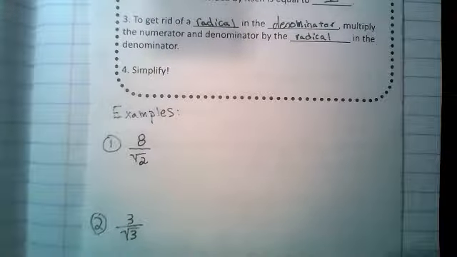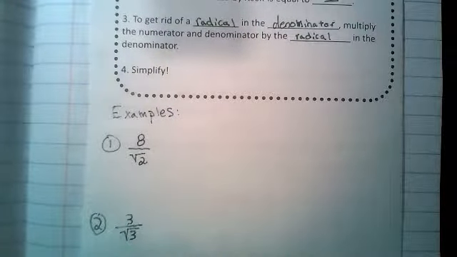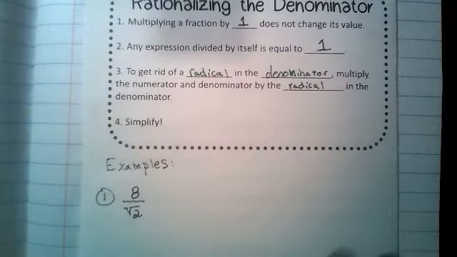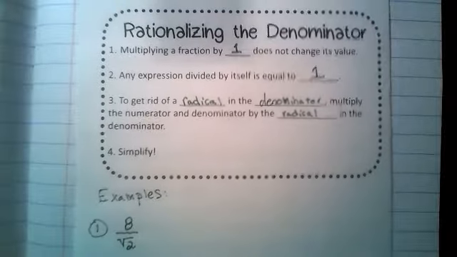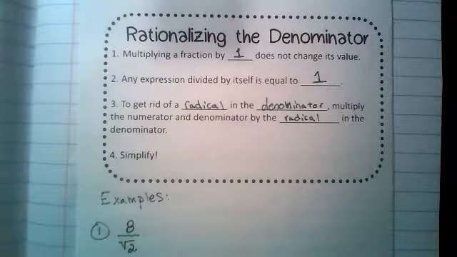We're just going to use one really big, really important theory of mathematics, and that's the identity property: if we multiply any number by 1, we don't change its value. So let's take a look at the fill in the blanks here for rationalizing the denominator.